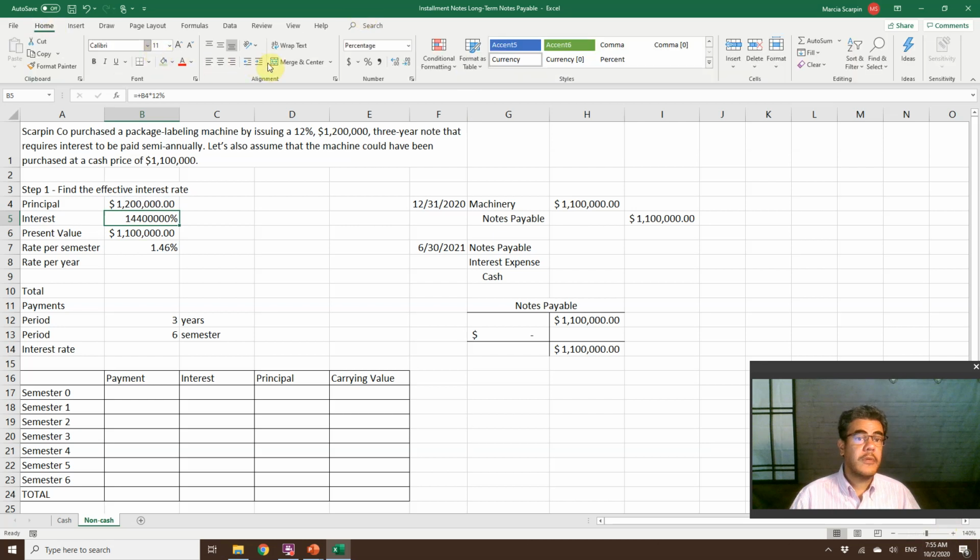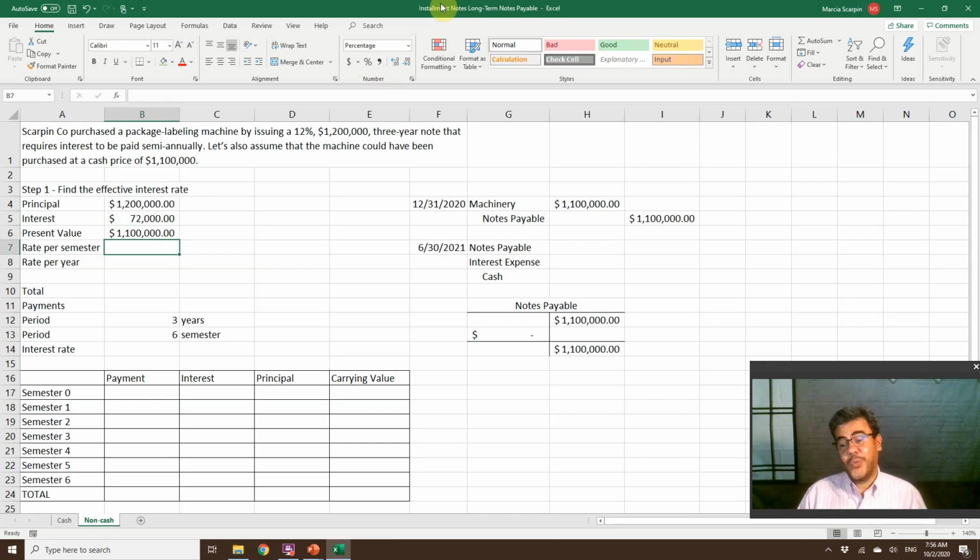It is 1.2 million times 6%. Or, as I did it earlier, 12% per year, but we are paying it per semester, so it is divided by 2. And now we have it. Now it makes sense. So sorry, guys.